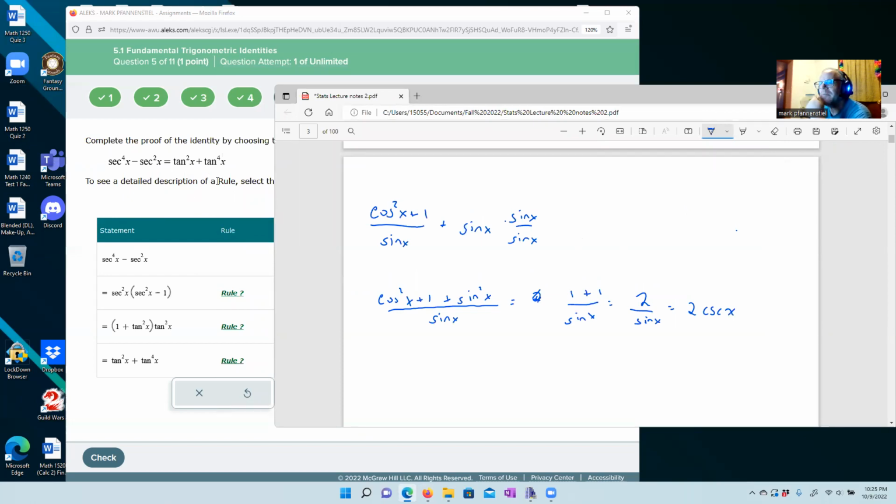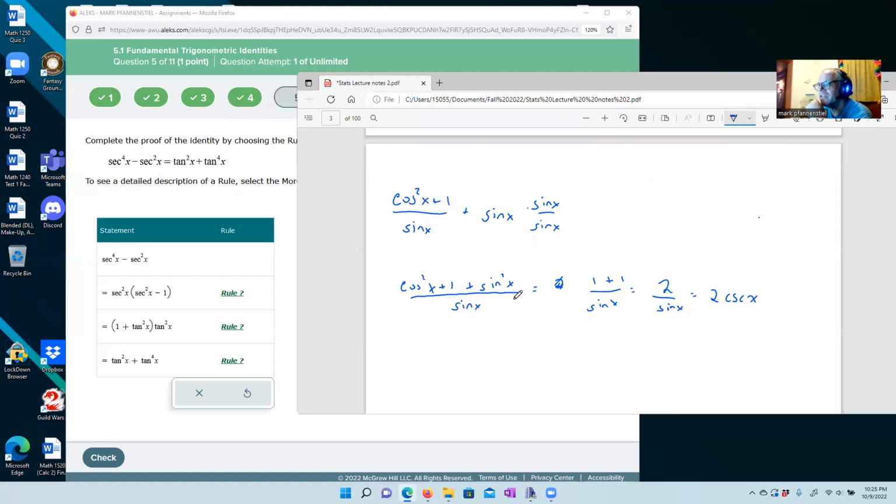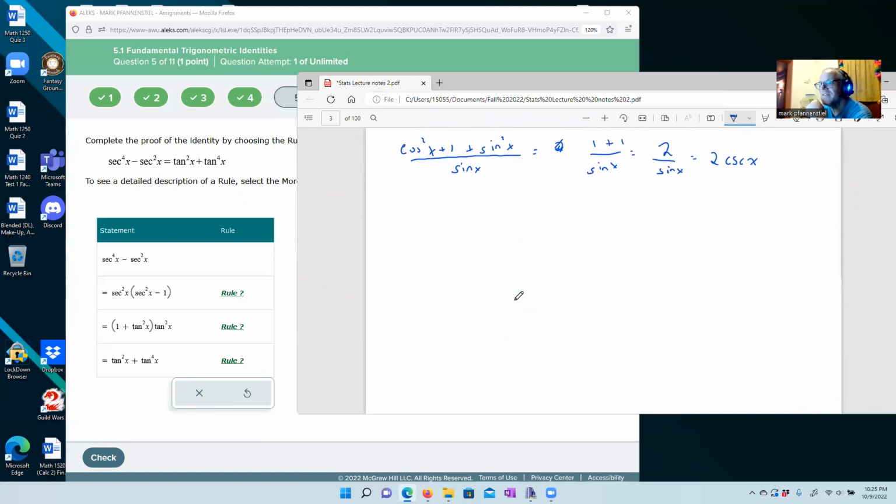So let's see here. We have following the proof. In this case, they want us to do the rules. This is a little bit of a pain. We have secant to the fourth x minus secant squared x is equal to tangent squared x plus tangent to the fourth x.